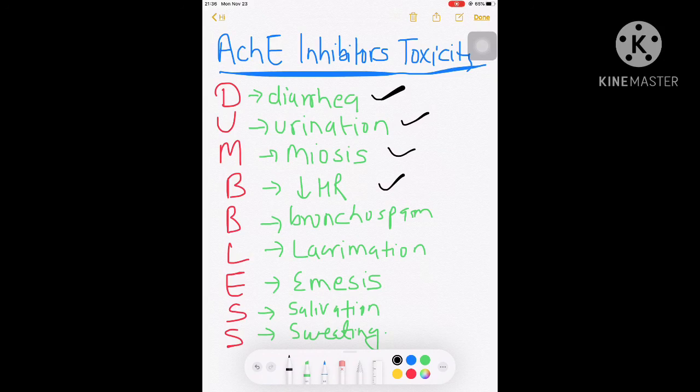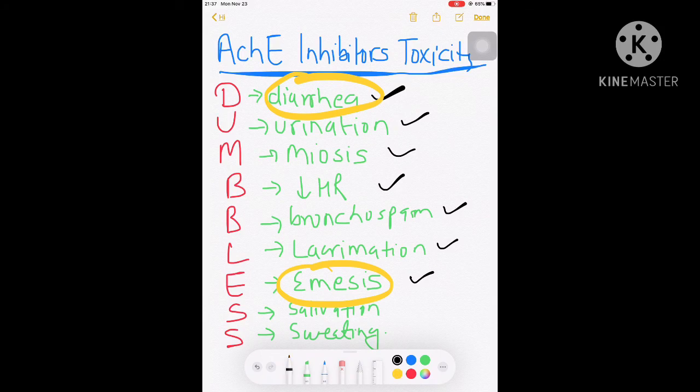Then spasm of the bronchial smooth muscles causing bronchospasm, and bronchorrhea, an increase in secretion of bronchial glands. L stands for lacrimation. E is for emesis, vomiting, meaning you will be throwing out of both ends.